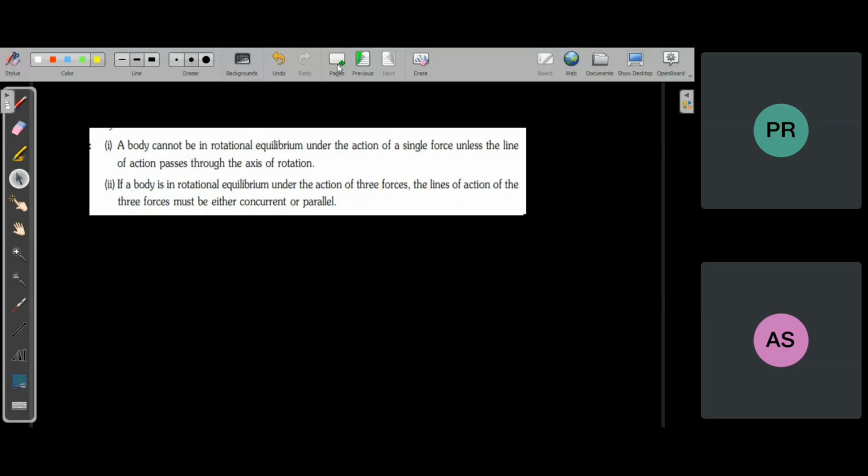Sometimes we will fix the body along the axis of rotation and we will try to rotate the body. Sir, if you want to rotate a body, we need to fix the body at one point, no? No, even without fixing, there can be rotation. But then there will be translation also.